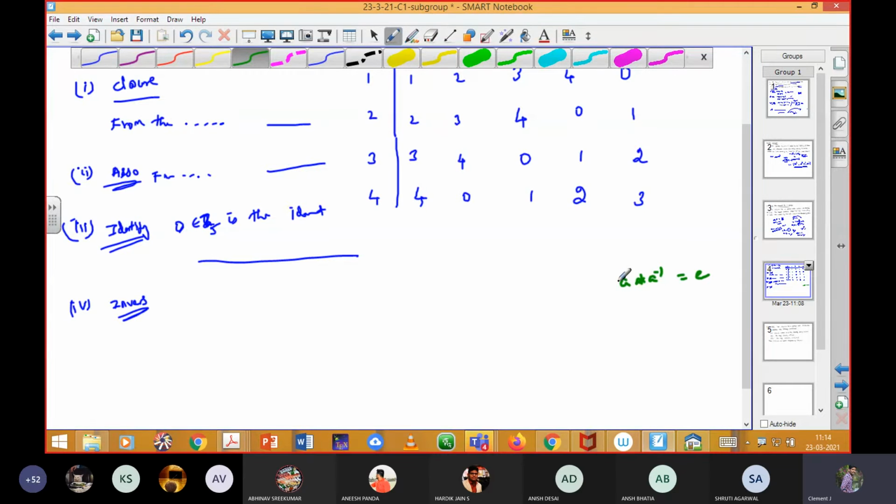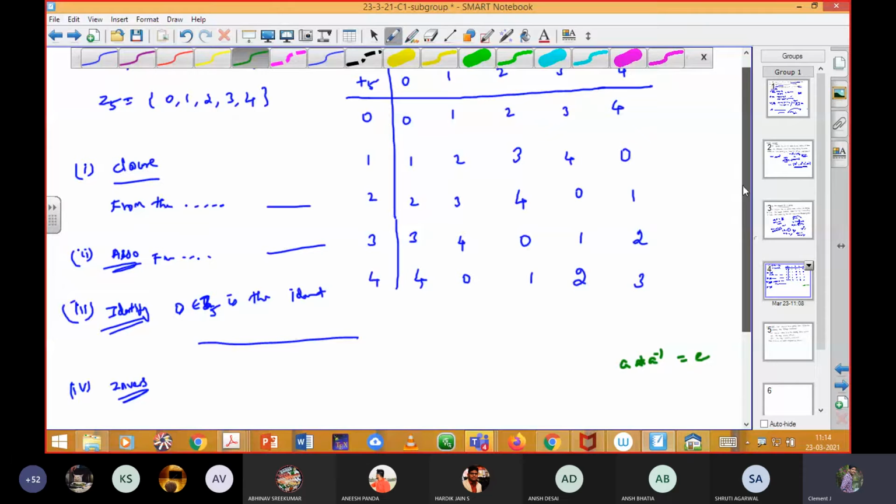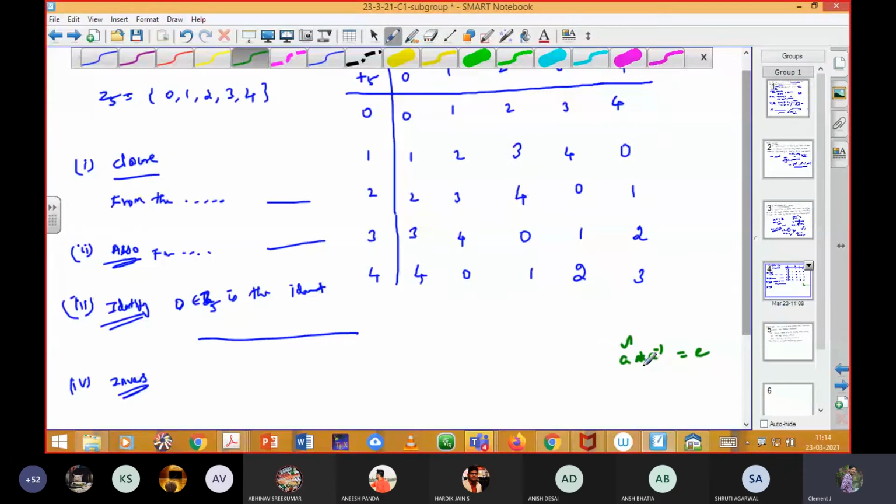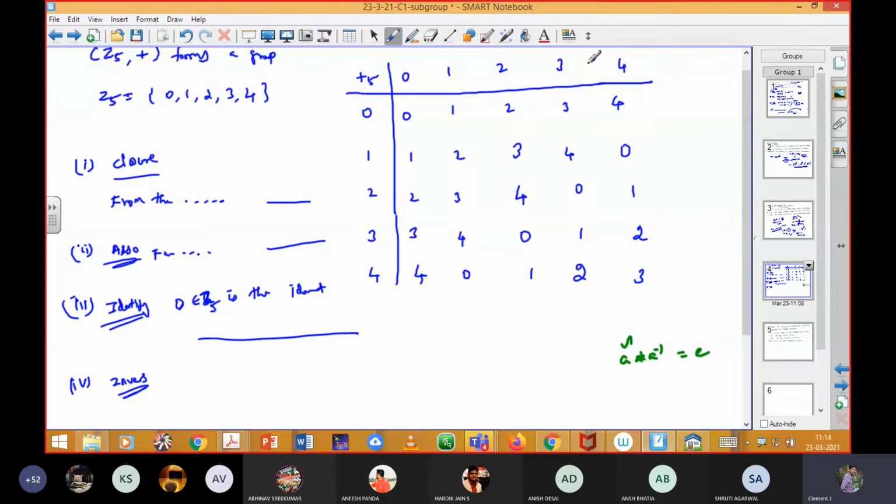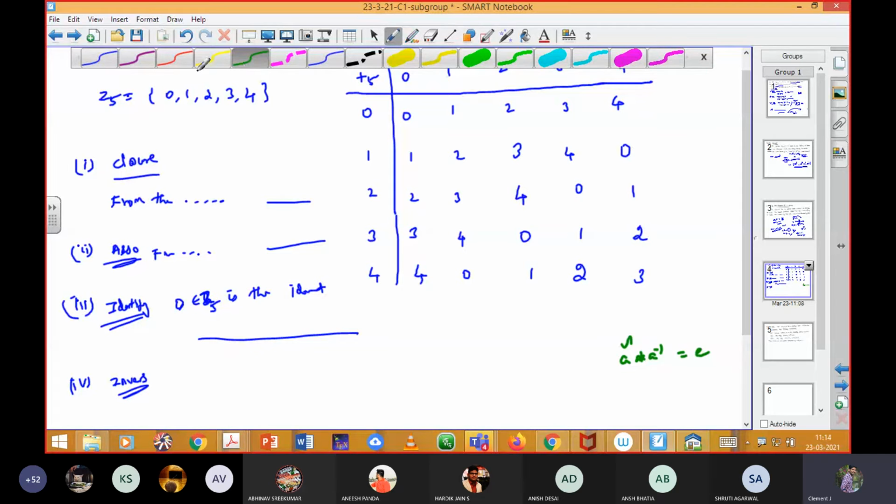So for what value of Z5 can I apply the addition modulo 5 with that number and get the answer 0? Will it be a unique number for all the values, or can it be distinct with respect to the element? Unique, sir. Very good.